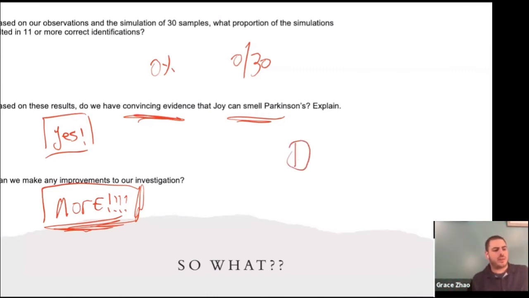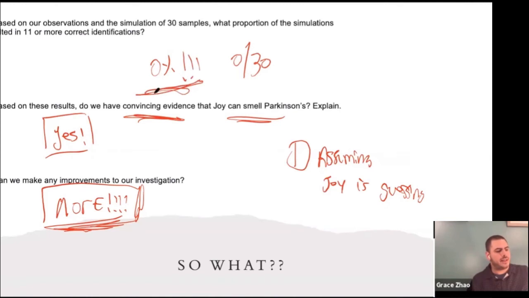We start with assuming Joy is guessing, and then we found a 0% probability with that assumption. This simulation is built on the assumption she can't smell Parkinson's, she's just guessing. Well, what we observed shouldn't have happened. But because we observed something that shouldn't have happened, whatever the assumption was, is wrong.